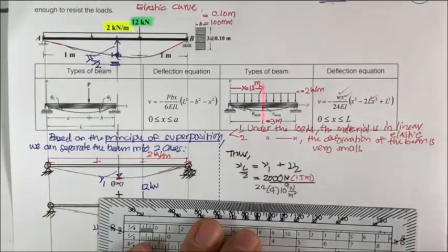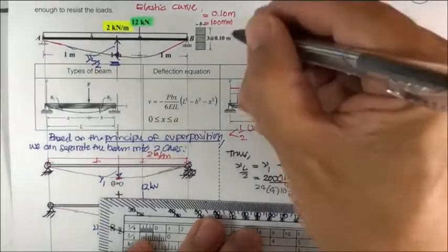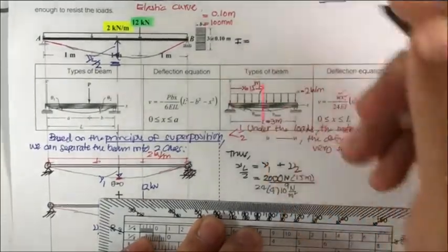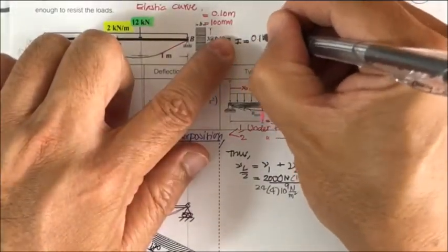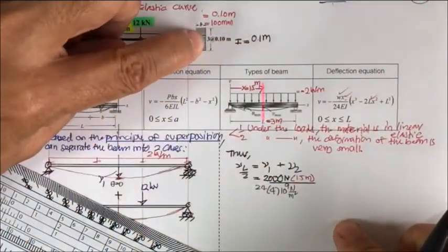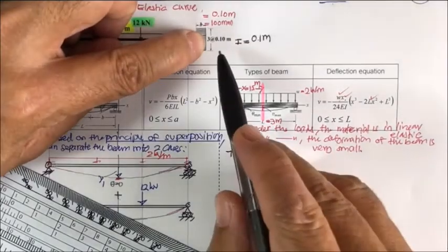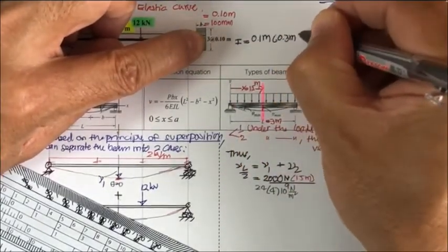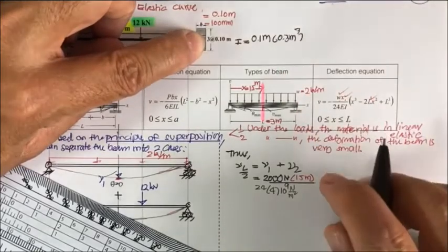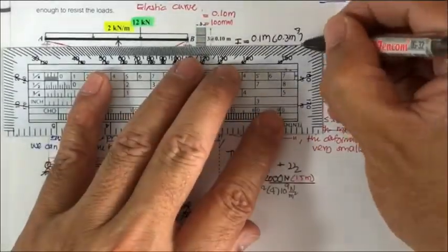And I, we don't have I yet. The I of this beam is 0.1 meter, and the depth 0.3 meter to the power 3, divided by 12.